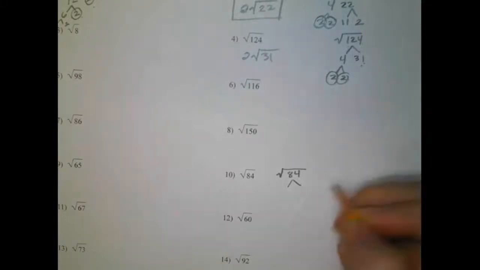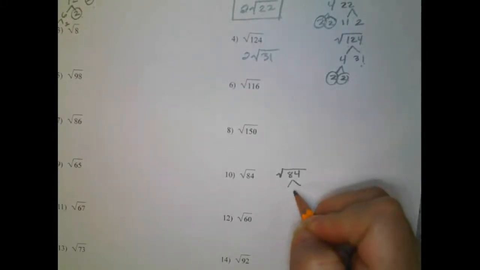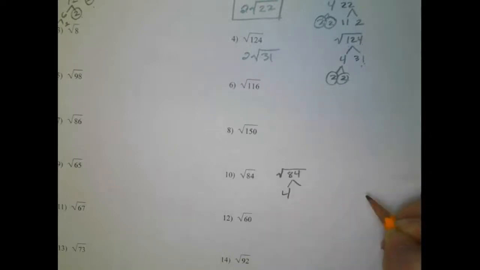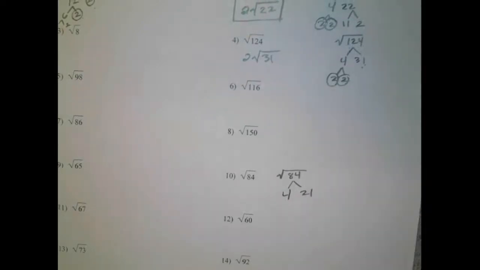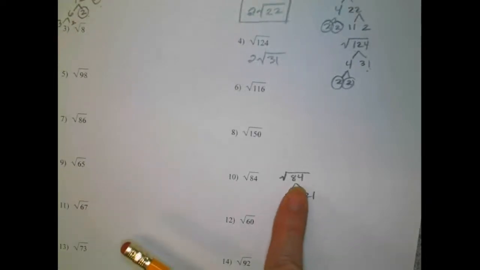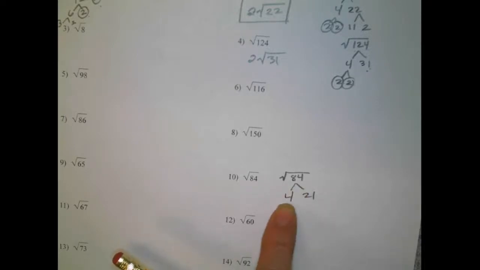Okay? So we're going to go with 4 and 21. Right? Different factors. You all gave me two factors. Here's my third. So like I said, the numbers we use don't have to be the same. They just have to be factorable. When I multiply 4 times 21, do I get 84? I do, right?